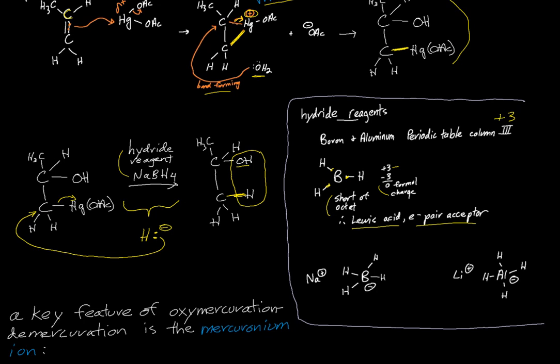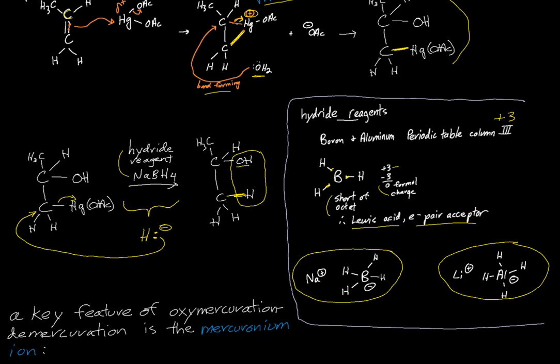So you can create ionic compounds with BH3 or AlH3, aluminum, and by looking at these, so these are the hydride delivery reagents. You can form these ionic salt-like molecules.